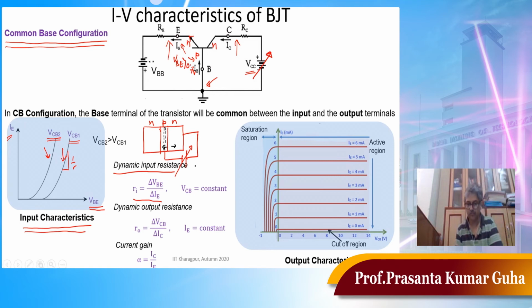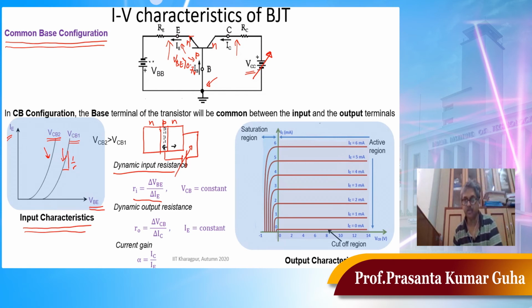Now if this depletion region increases because we are increasing this reverse bias voltage, it means the effective base width will decrease.